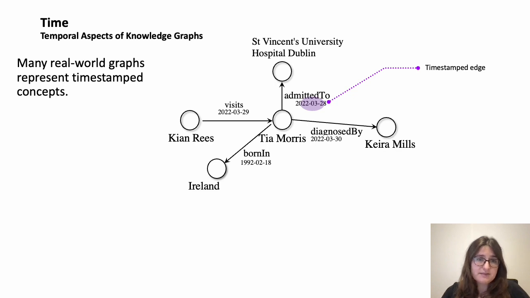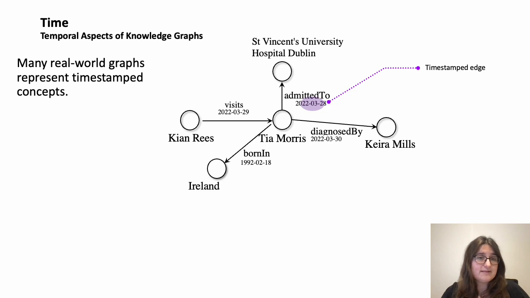We can see there are many more edges that are time-stamped. For example, born in, representing the edge with the date of birth, which happened on 18th of February 1992. Also, the time of diagnosis by Dr. Keira Mills.